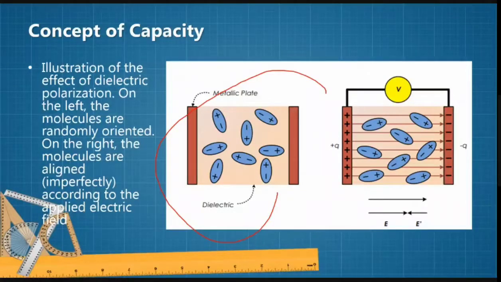In any case, the molecules of the material tend to align with the direction of the electric field, which we call the electric polarization. In the left figure, the molecules are randomly aligned, while in the right figure, they are more or less aligned according to the applied electric field.